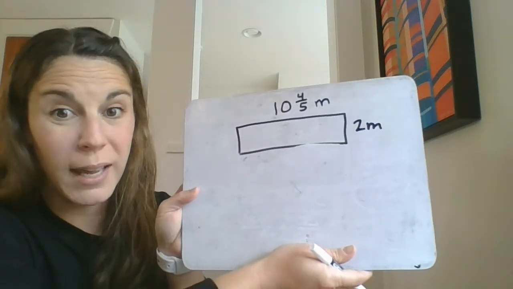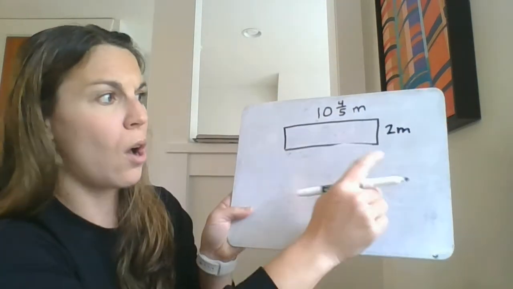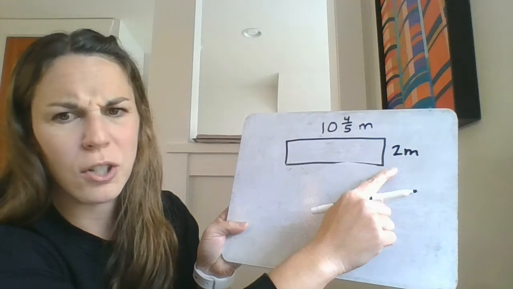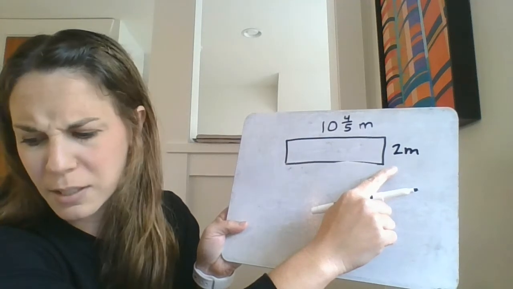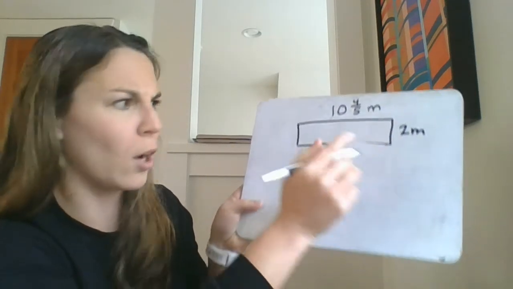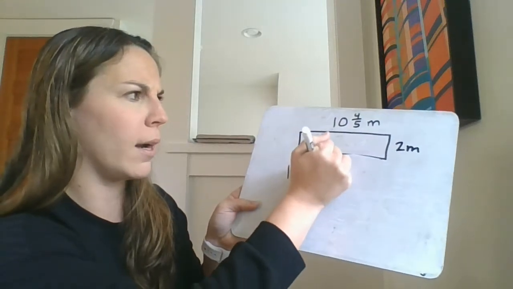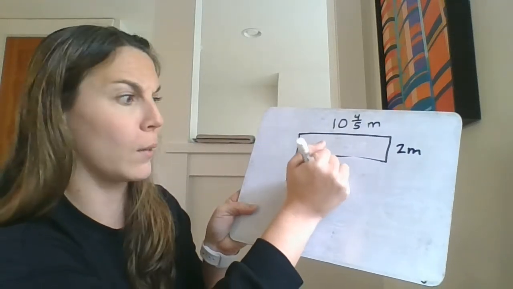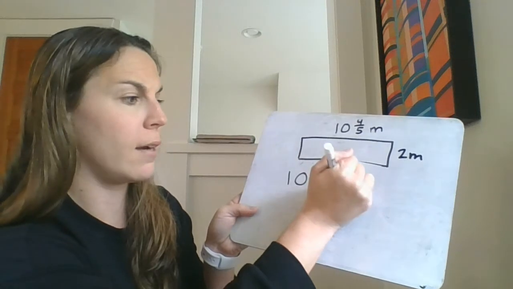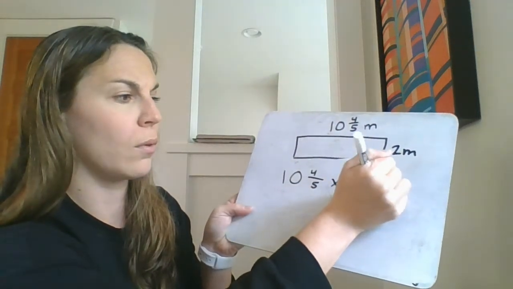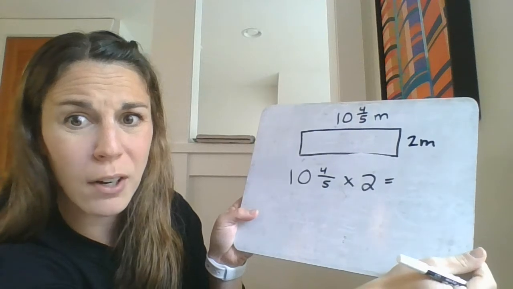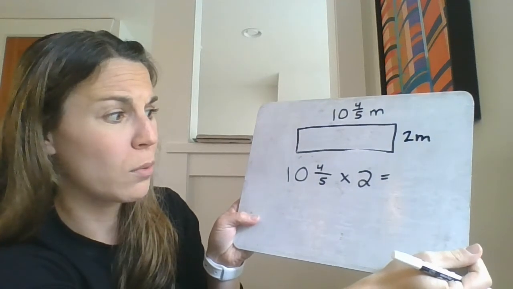Okay, what if I wanted to find the area? So let's go back, and we only need 2 dimensions to find area. And we have them. We have our length and our width. So we're just going to do, oh my goodness, didn't we just do 10 and 4 fifths times 2, and I just erased all that work? We did that in our perimeter one. That's why I say don't erase your work. Good job, Mrs. Pritchard. So 10 and 4 fifths times 2. We just did that when we were trying to figure out perimeter. So who remembers what we got?